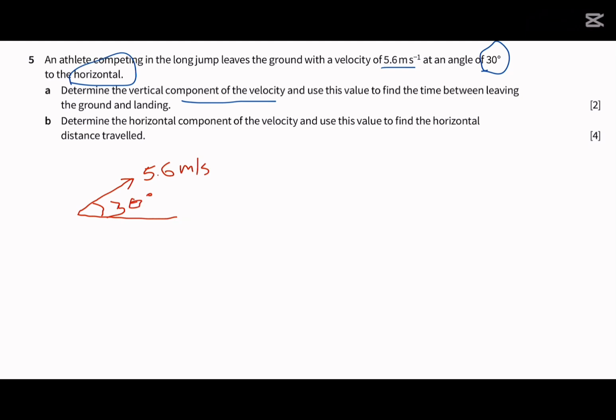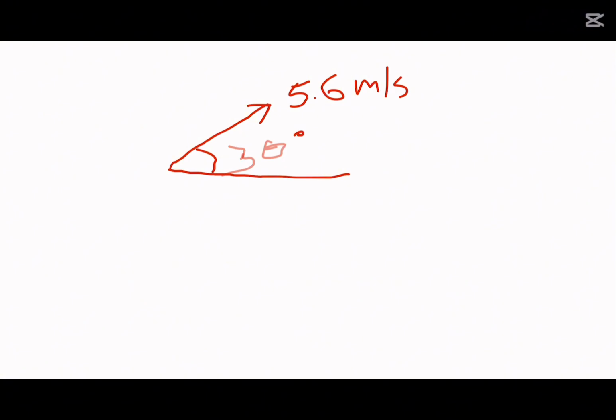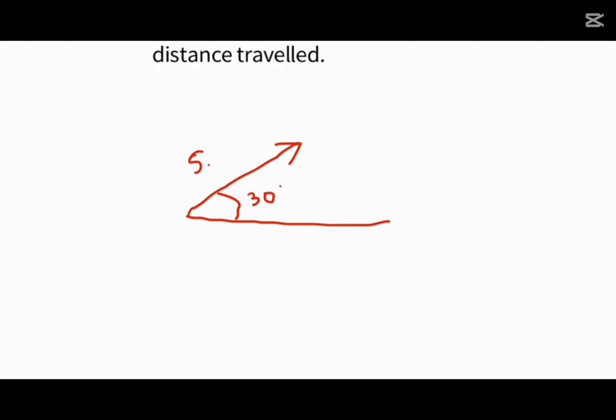So this is the vector we're dealing with.